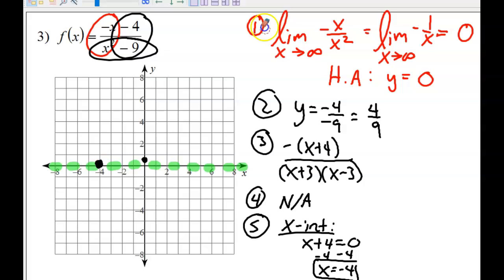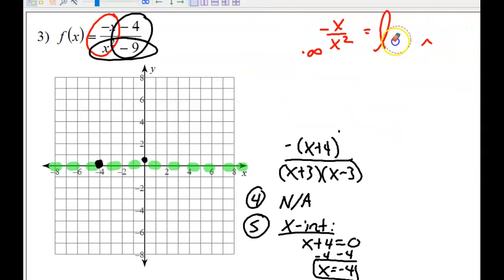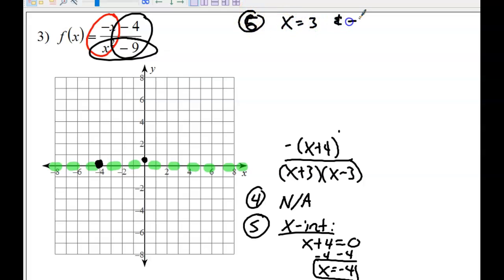So I've got an X-intercept. No holes. Let's do a vertical asymptote. What would that vertical asymptote be? 3 and -3. Right?